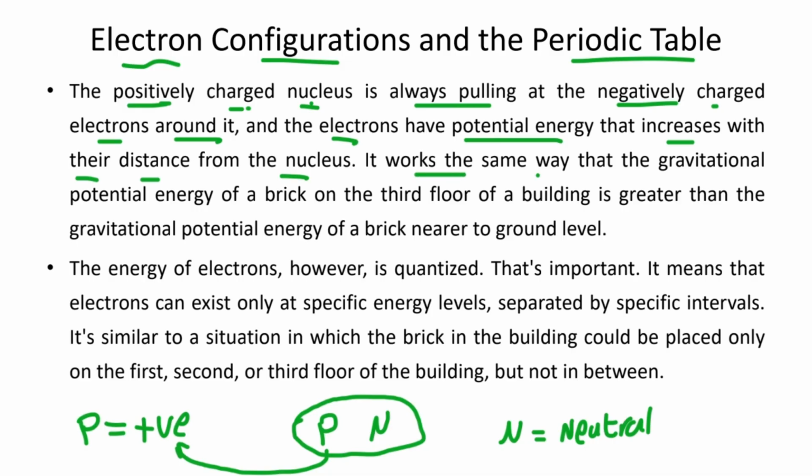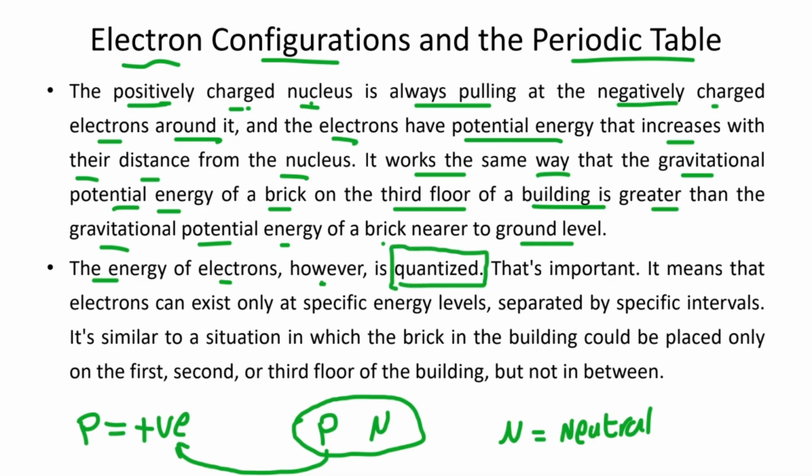It works the same way that the gravitational potential energy of a brick on the 3rd floor of a building is greater than the gravitational potential energy of a brick nearer to ground level. The energy of electrons, however, is quantized. What do I mean by quantized?